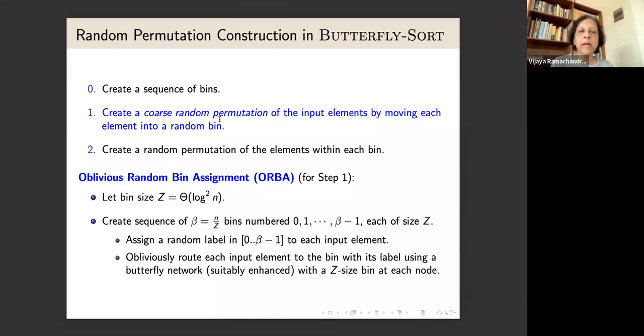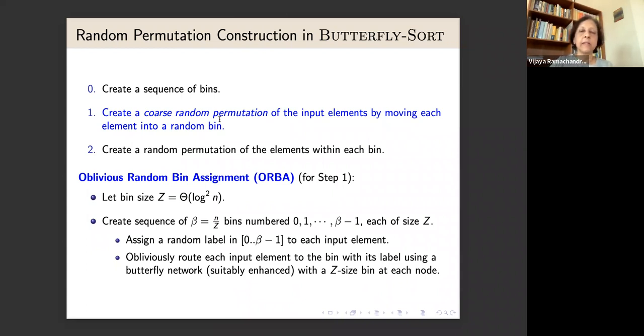The bins are going to have size theta of log squared n. Log to the 1 plus epsilon will also work, but log squared n for simplicity. And we create a sequence of output bins, beta of them. Beta is going to be n over z, each of size z. And each input element is given a random label between 0 and beta minus 1.